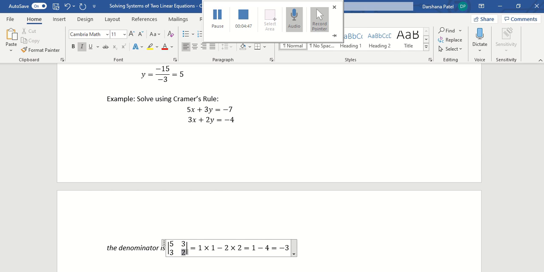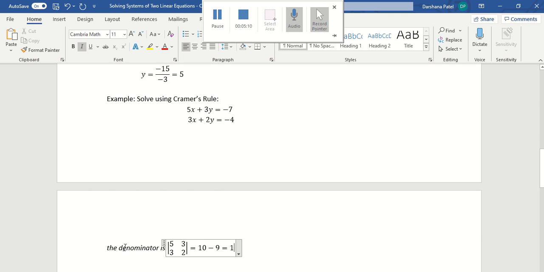The determinant will be 5 times 2, which is 10, subtract 3 times 3, which is 9. So the denominator will be 1.